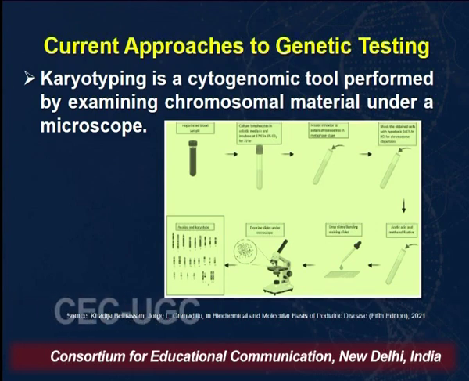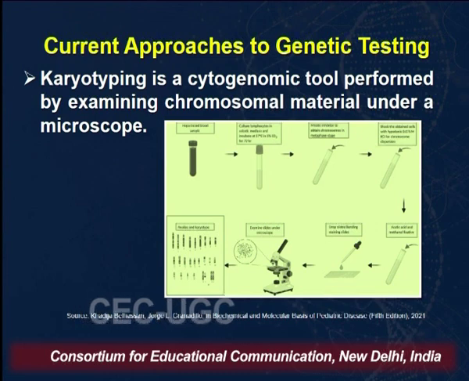In karyotyping, the cytogenomic tool is used to examine the chromosomal material under a microscope. So, we just discussed that the samples are taken in, then centrifugation, various chemical treatments and hypotonic treatments are done, and then it is lodged onto the slide, and subsequently observed under the microscope to see the diverse cells there.